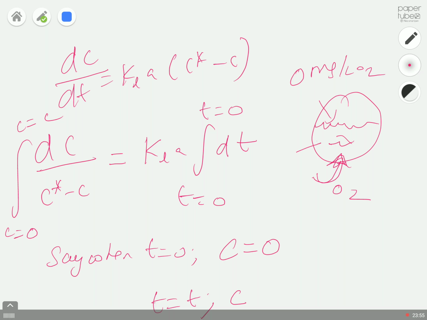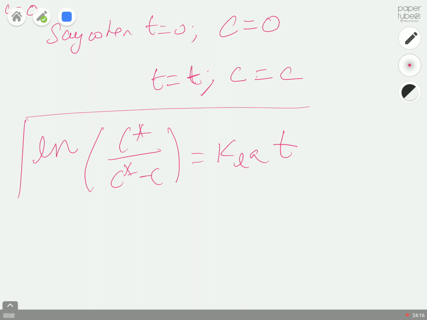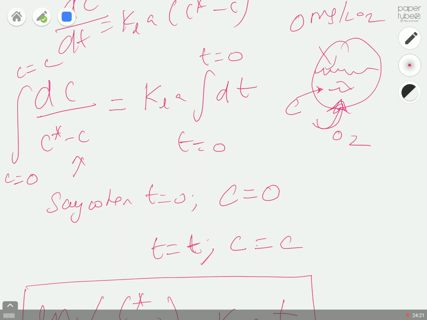So let's say the concentration at any time t is equal to C. If we integrate this, it will be equal to ln of (C star minus C) equal to KLa multiplied by t. This is a very simple first order type expression.